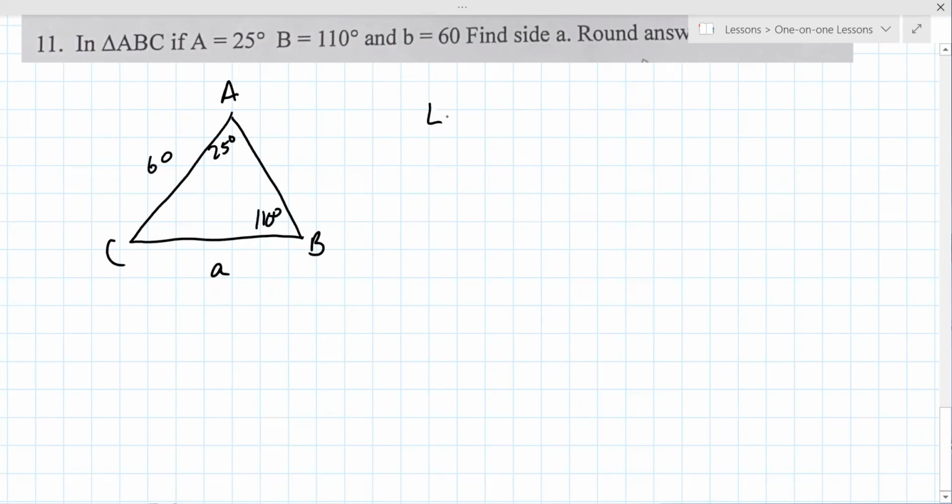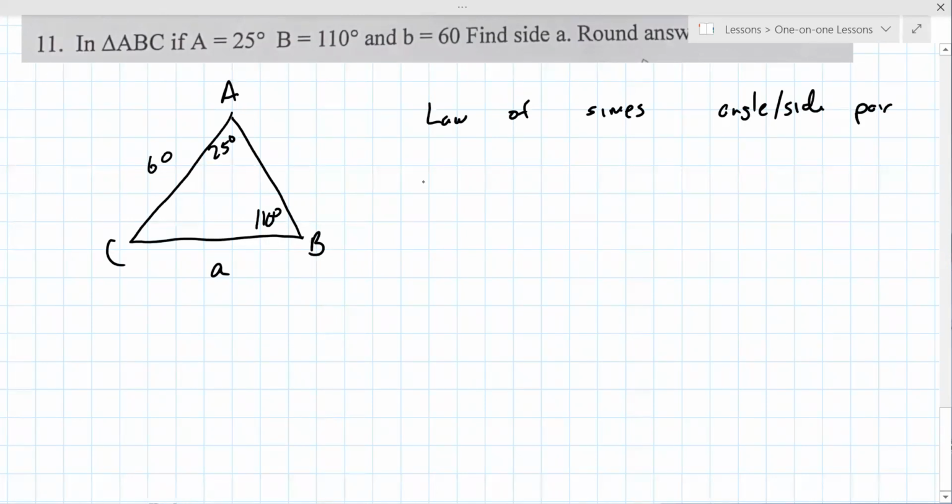So this is a law of sines problem. I remember now when we did the review, we kind of went through this pretty fast. Law of sines requires an angle side pair. Do you see how you have an angle and a side pair together? Yeah. And here you have an angle and you're trying to find the other side pair. That's the best case scenario.